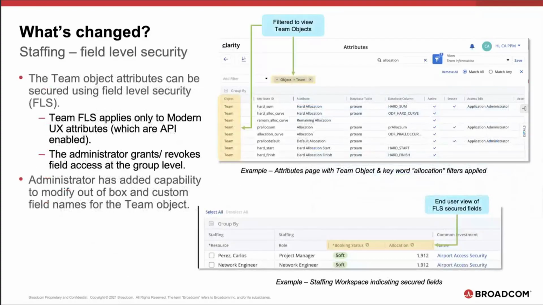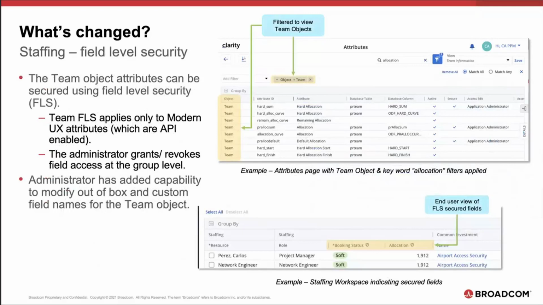Next, moving on to field level security. Team object attributes can be secured using field level security. The team object FLS applies only to the modern UX attributes, for attributes that are API enabled, and that's consistent across all applications of field level security.